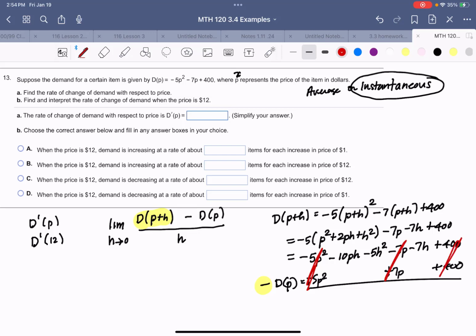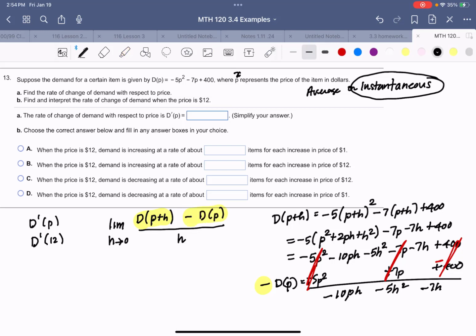This one will be a minus 400 here also. And then all the terms that are left will have an h in them. So I get negative 10Ph minus 5h squared minus 7h. That's because I have subtracted away all the originals.